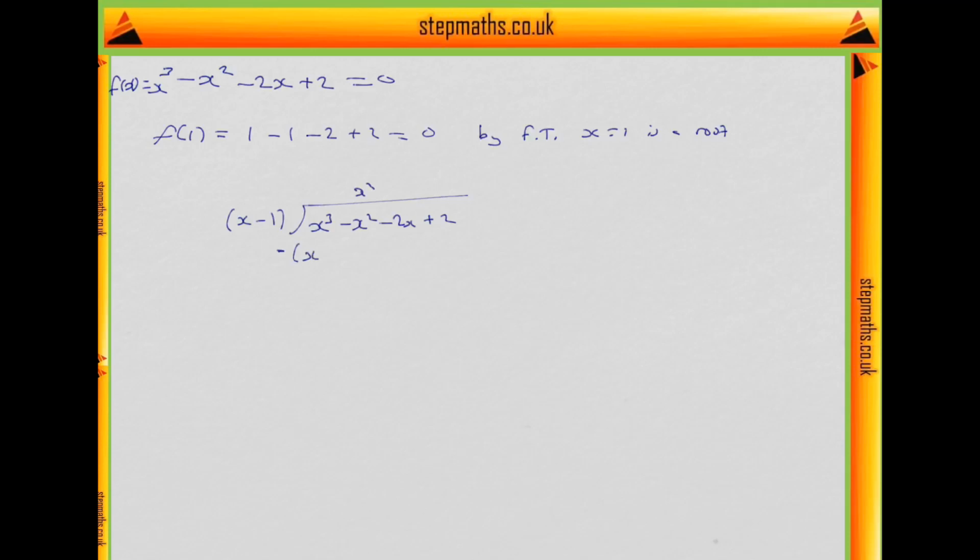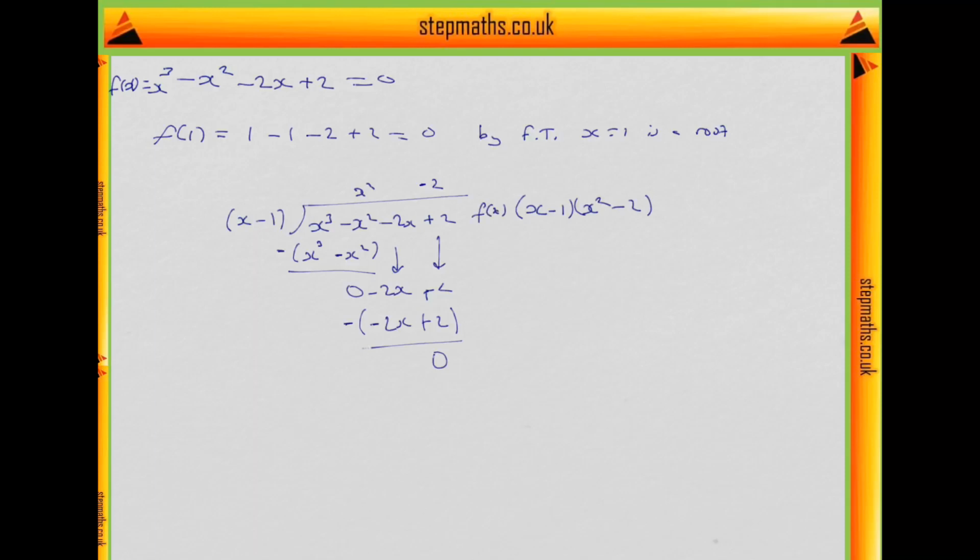So we get minus x cubed, minus 1 times x squared gives us minus x squared. So we get a 0, and then this comes down to give us a minus 2x. Then what multiplies x to give us minus 2x? Well, that's simply minus 2. So we get minus 2x plus 2. Bring that down to give us the plus 2 here. That is 0. So this is equal to x minus 1 into x squared minus 2.